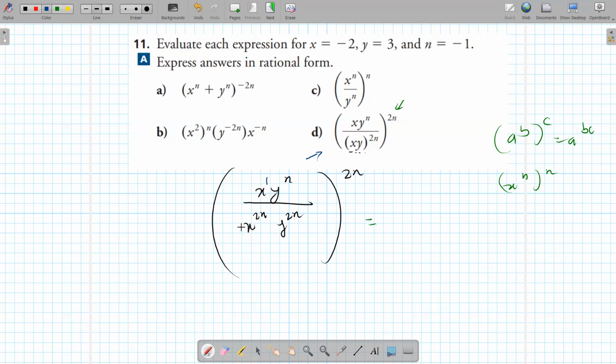We're gonna move the 2n upstairs. You're gonna get x to the 1 minus 2n. If you move the y downstairs, what do you get on the bottom? So you move y to the n here with this guy. What do you get?